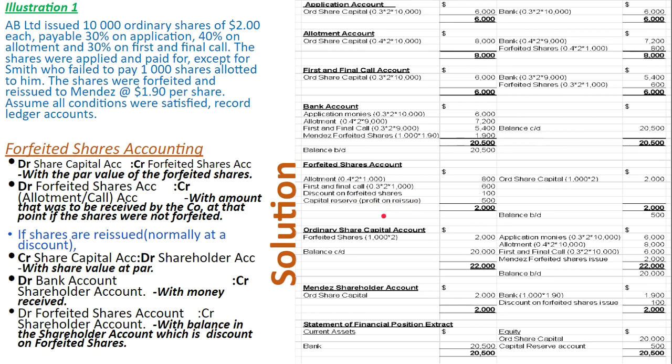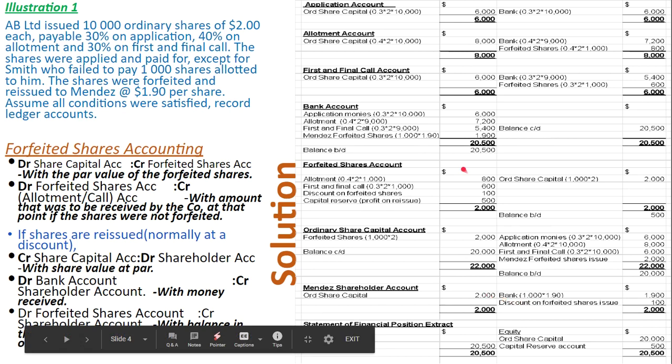Next, we'll go to the ordinary share capital account, which is 6,000 plus 8,000 plus 6,000 plus 2,000 to give us 22,000. Balance carried down 20,000 because we have a debit entry of $2,000. Mendes shareholder account is balanced off with $2,000.